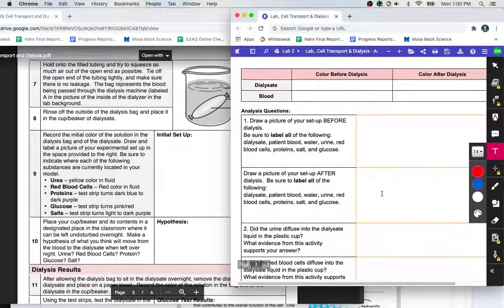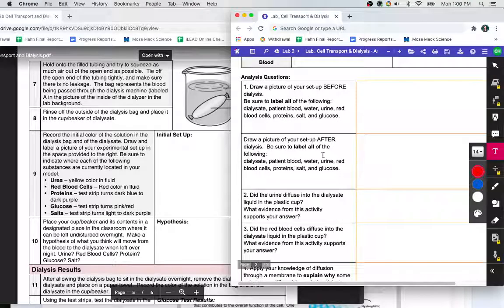And then your after picture is going to show what moved into the dialysate. Even though glucose and salt moved, there's still going to be glucose and salt in the blood, because it doesn't all move out, it just moves until it's even.